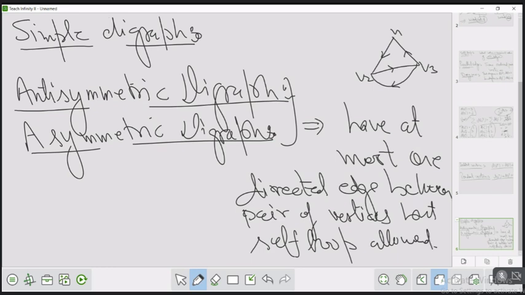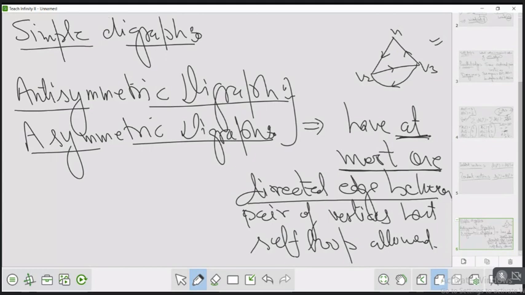I'm saying that a digraph is called an asymmetric digraph if that graph has at most one directed edge between a pair of vertices. Self loop is allowed. So this graph is an asymmetric digraph.